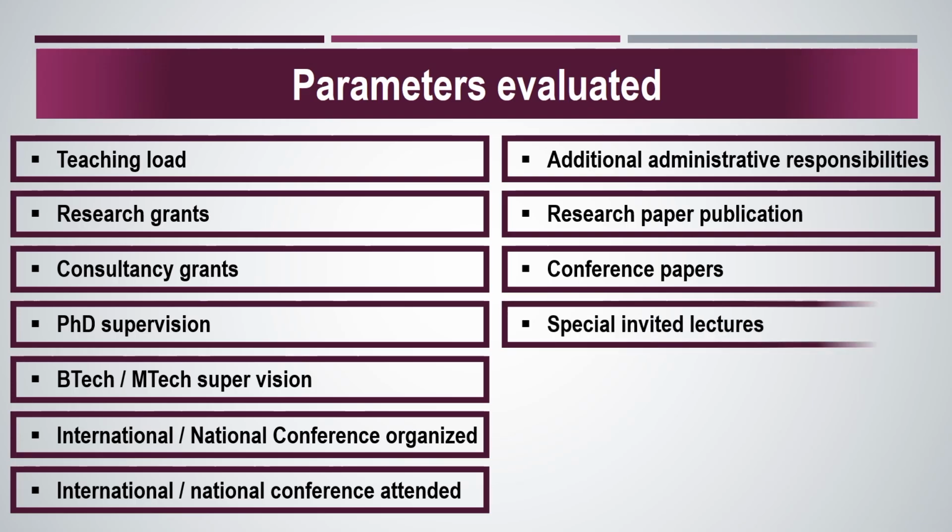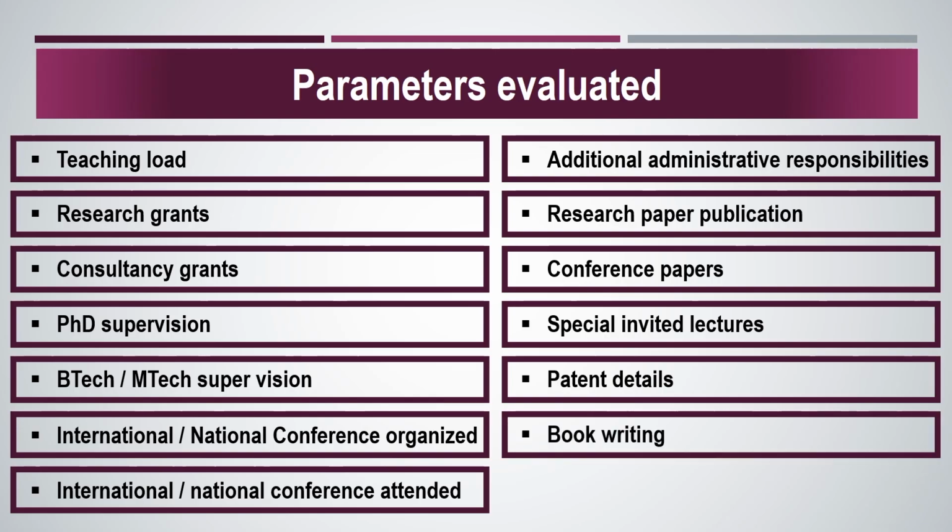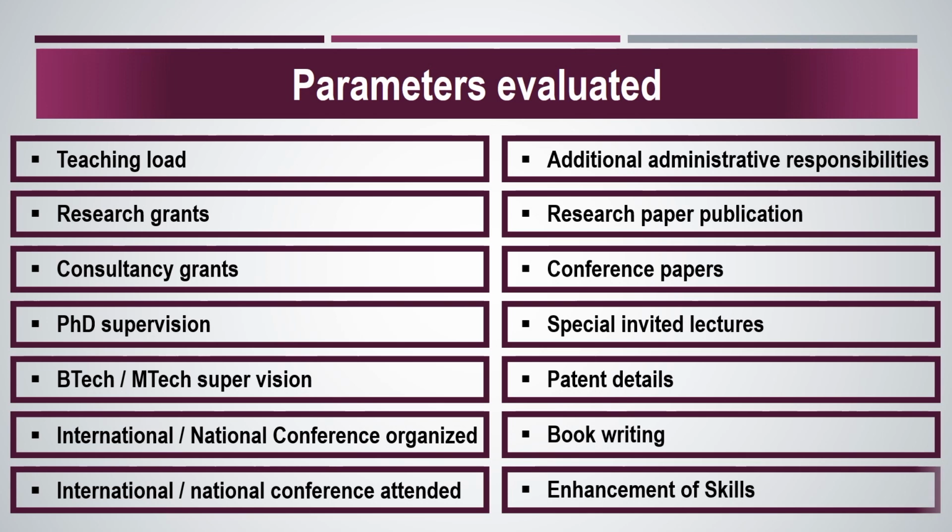What special initiatives he has taken during his period of time? In how many cases he has submitted patents? How many book writing jobs he has undertaken or completed? And what initiatives he has taken for the enhancement of his personal skills? So this is the broad spectrum of parameters evaluated in your ACRs.